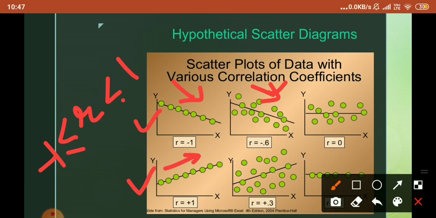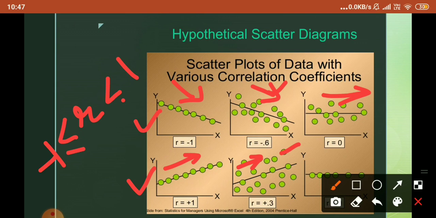So r can have a value like -0.6 or -0.5, lying between 0 and -1. Here the points are going this way, so it is the case of zero correlation, r is 0. In this picture the points are scattered but going upward, which means a positive correlation, but the points are not very near to each other, so it is weak positive correlation.